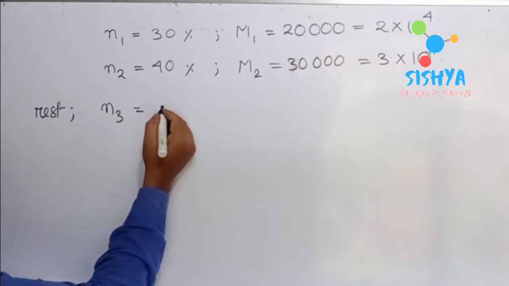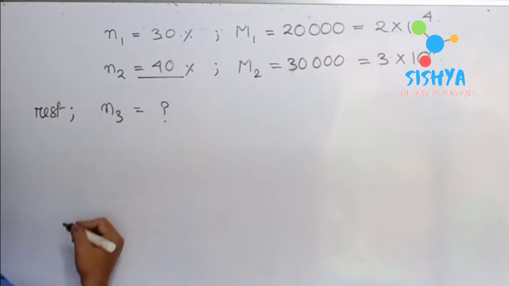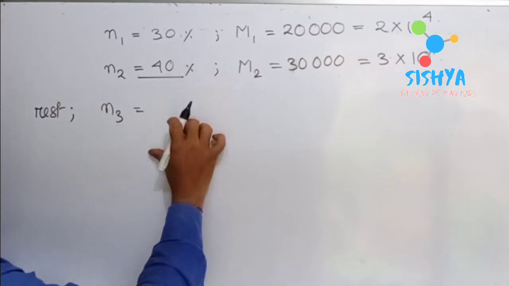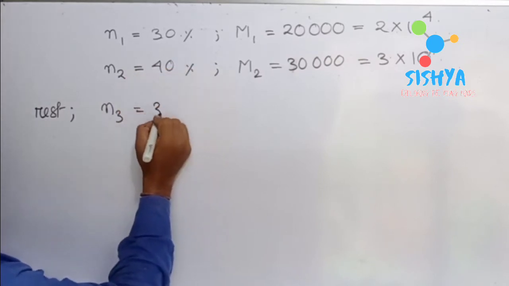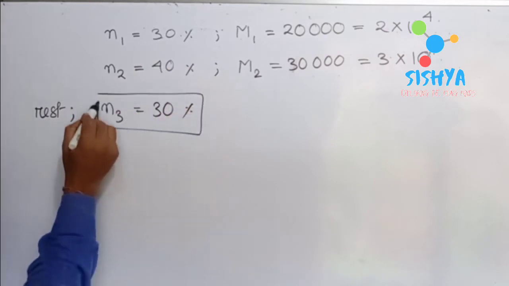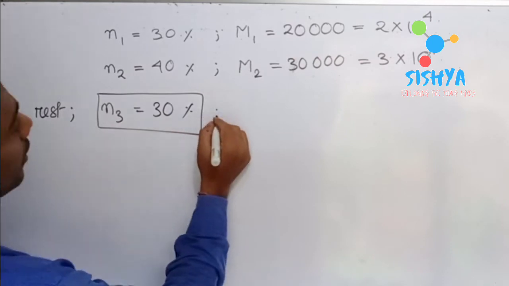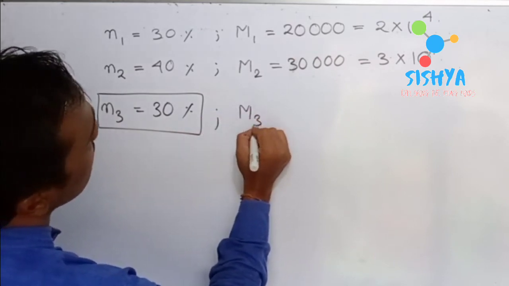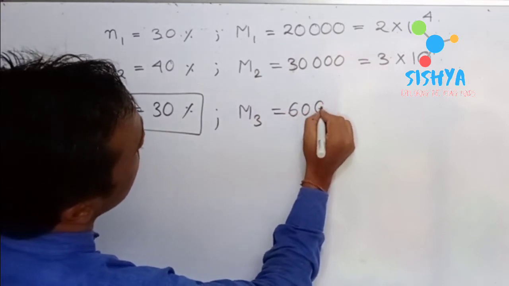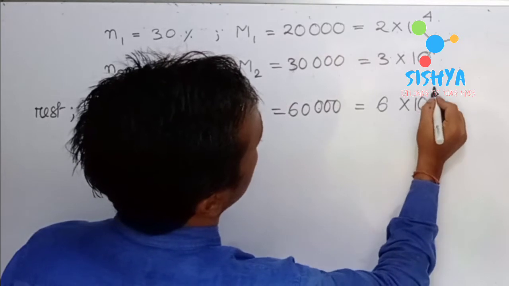Now, what will be the value of N3? If I sum 30 and 40, it will be 70. Subtract 70 from 100, it will be 30. That means the rest will be 30. This is not given in the question, so you have to find it out. This is the trick. And its molar mass is given as 60,000, which will be 6 into 10 to the power 4.